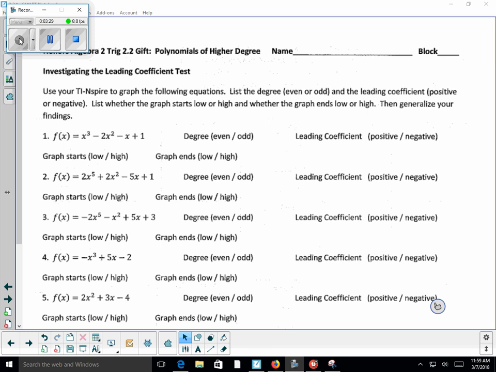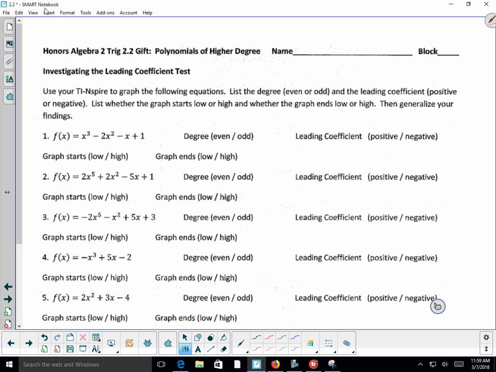Okay, so you have this gift and you have typed in your functions. Can you just tell me for number 1, what did you say? What kind of function? Degree, even, odd, leading coefficient, positive, negative. What do you think, Eric? The degree is odd.